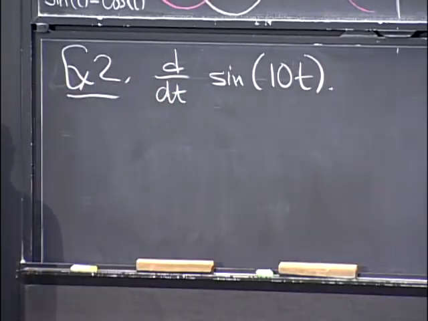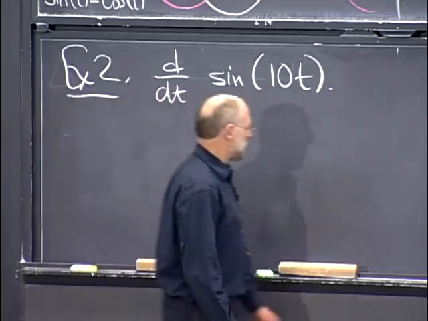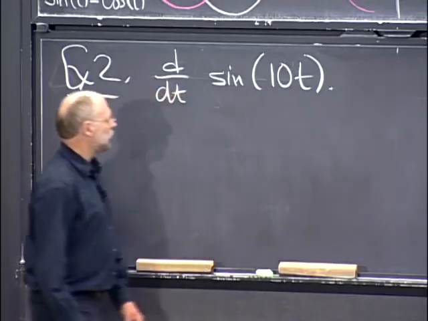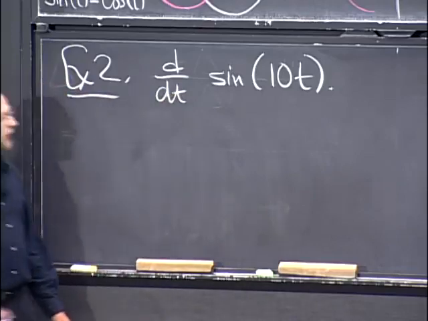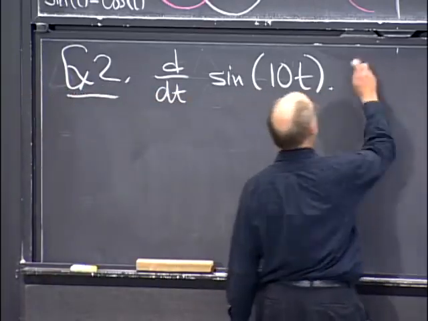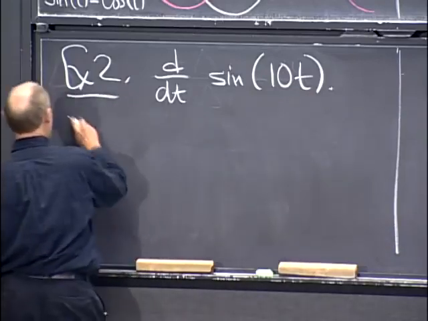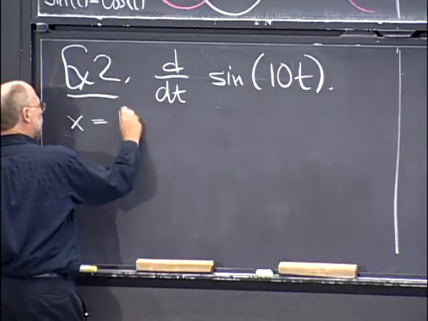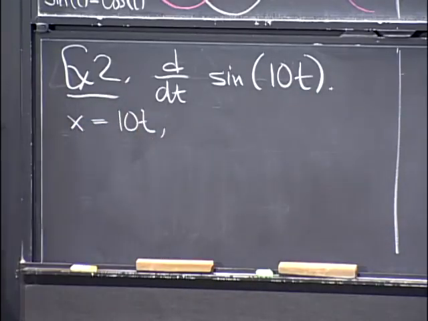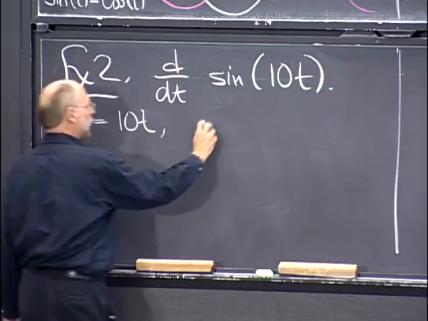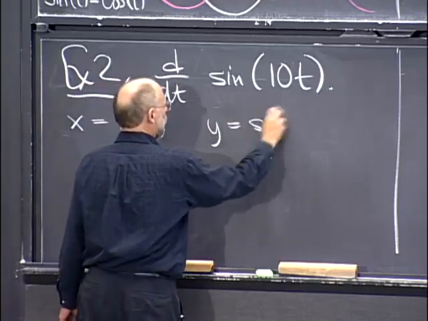So I'd like to differentiate the sine of 10t. Now, this is again a composite of two functions. What's the inside function? Okay, so I think I'll introduce this new notation. x is 10t, and the outside function is the sine. So y is the sine of x.